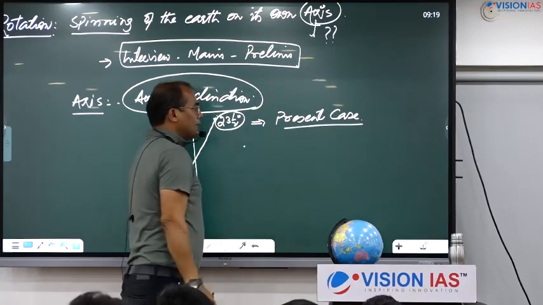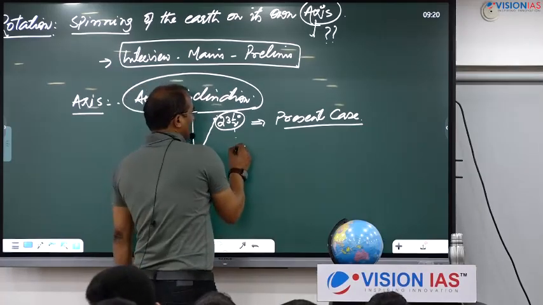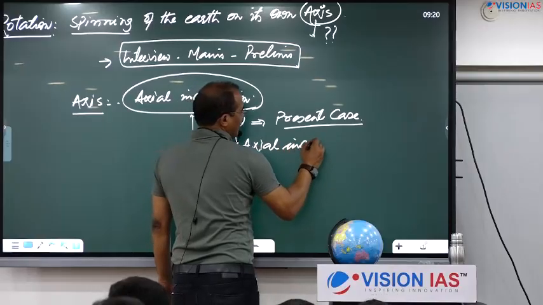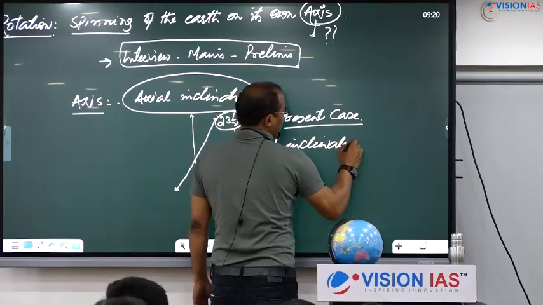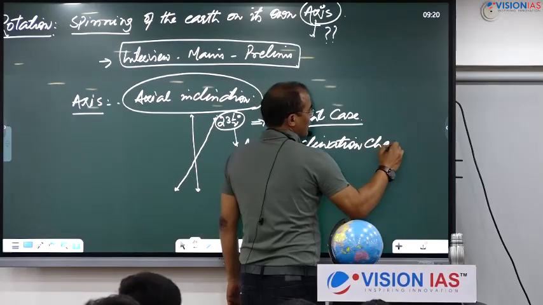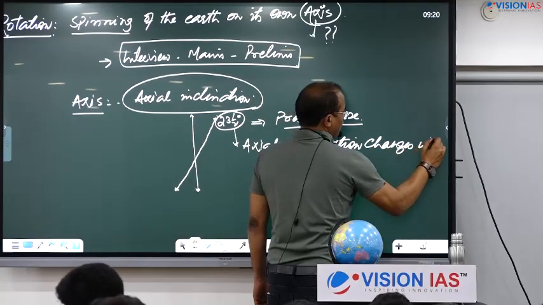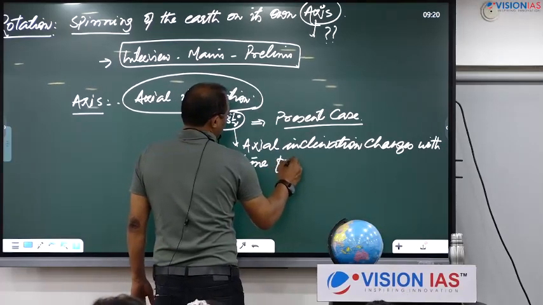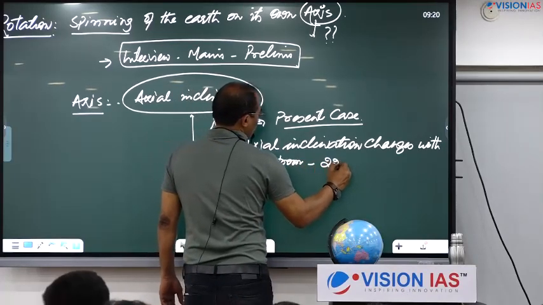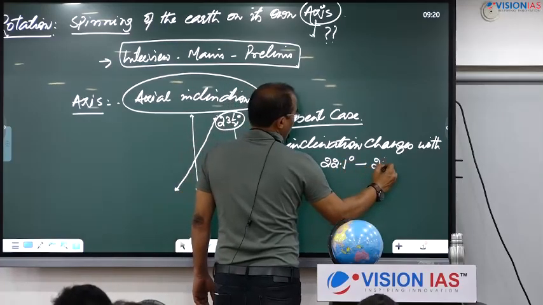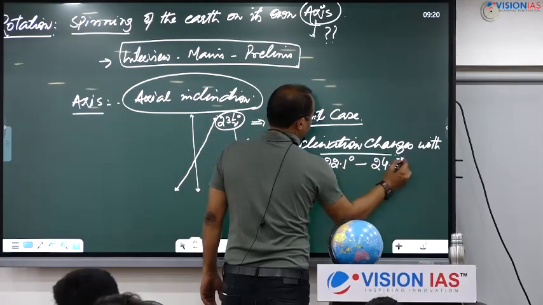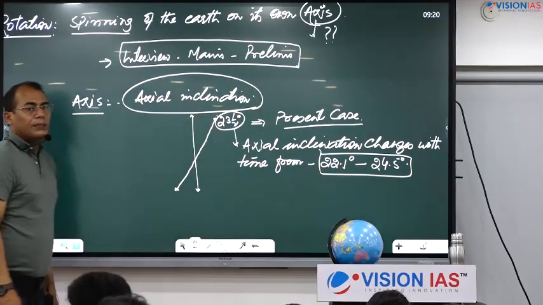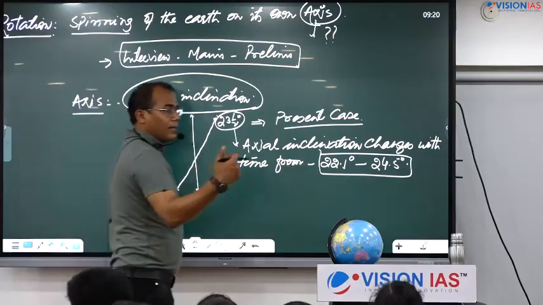However, scientists have proven that axial inclination changes over time, from 22.1 degrees to 24.5 degrees, or roughly around 22 to 24, maybe over 1 lakh years.